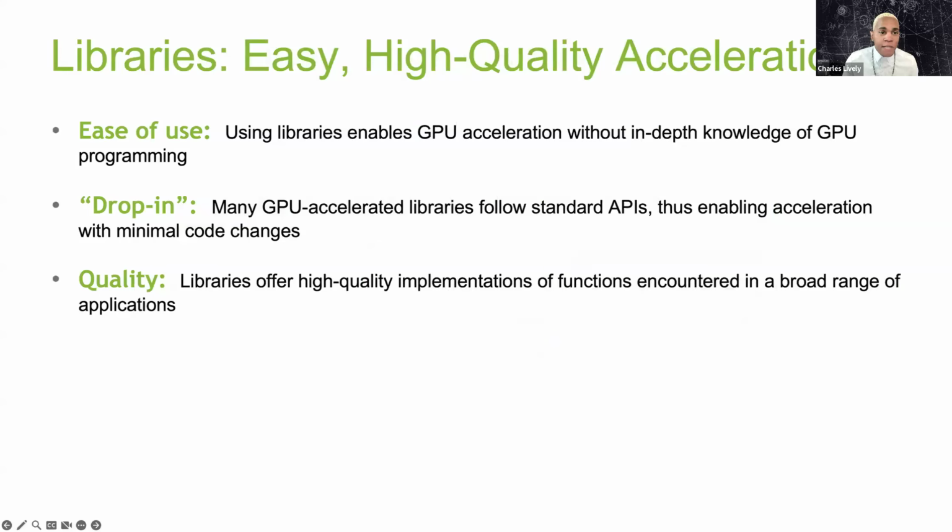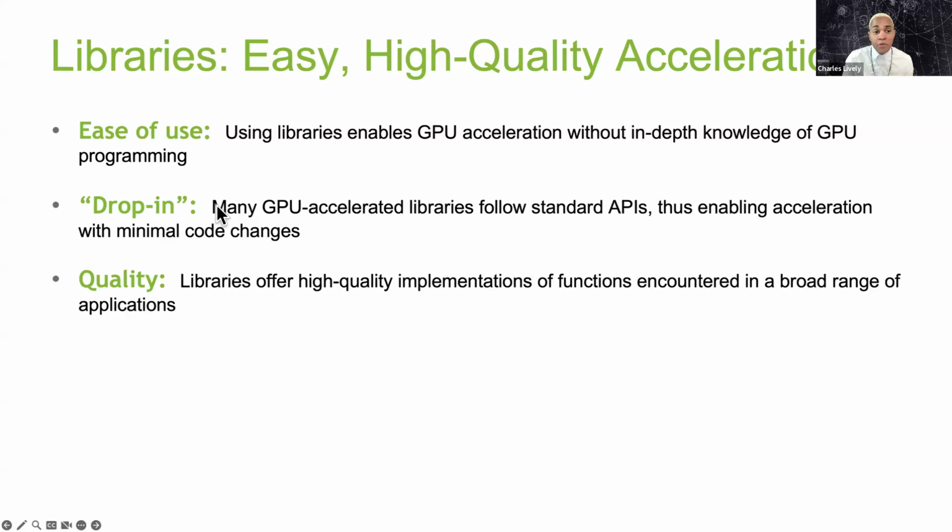One way to do that is by making sure that the systems and your hardware have libraries that are easy to make use of. We have libraries that enable GPU acceleration without requiring a large understanding. So you don't have to be Einstein to just use the libraries.